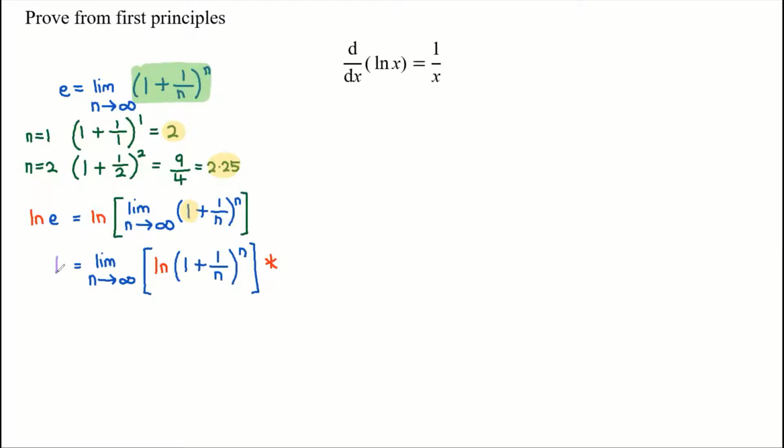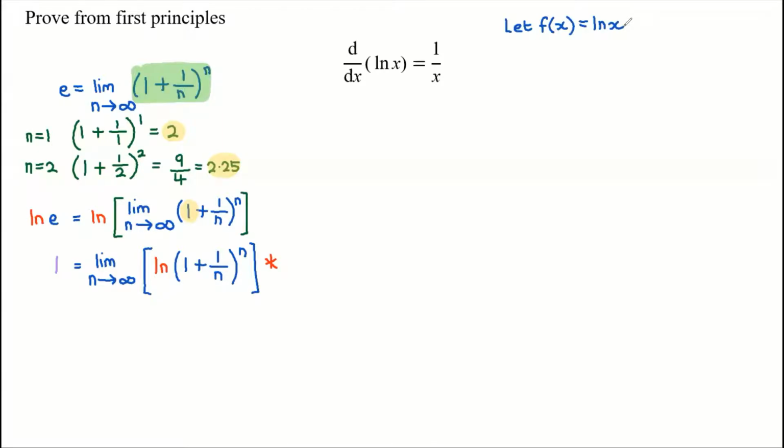Great. So what we're going to do now is the derivative from first principles. I'm going to define my function as the natural log of x. So we're going to say let f of x equal the natural log of x.